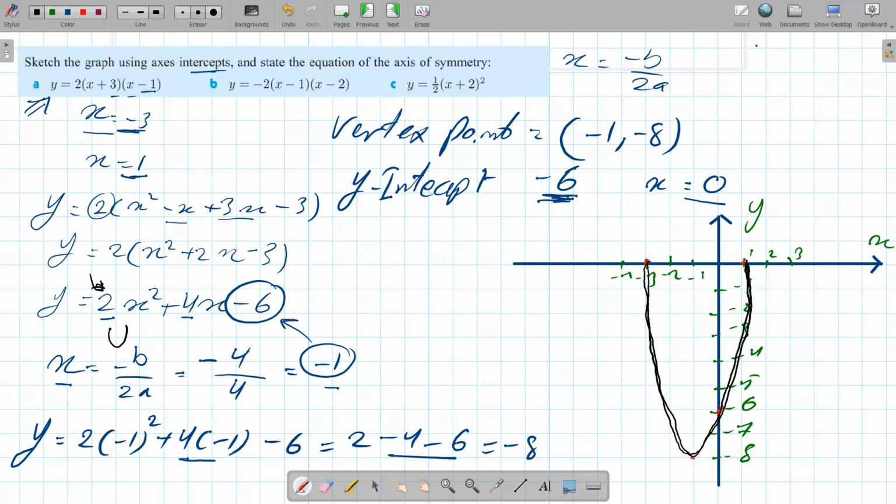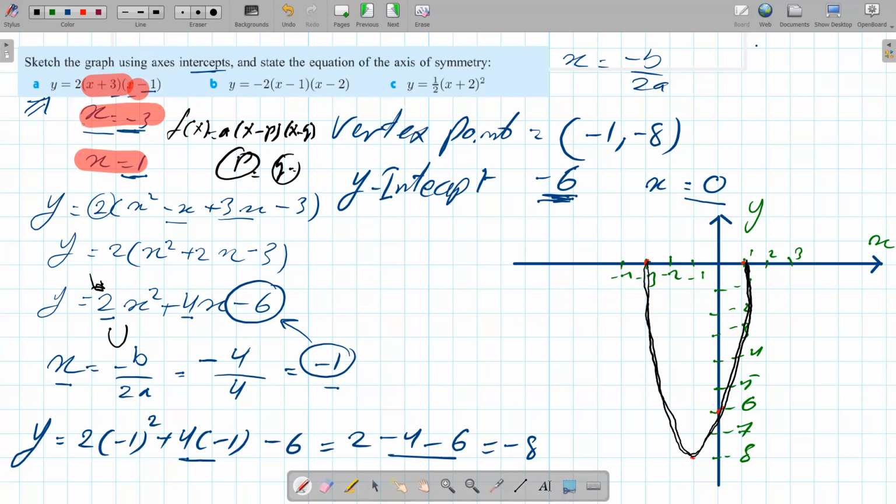Okay, let's revise the main points here. First of all, we found the x-intercepts from your quadratic equation here: x plus 3 and x minus 1 represent two x-intercepts, x equals -3 and x equals 1. Because the main equation is represented by f of x equals a times x minus p times x minus q, where p and q are the x-intercepts. Got the idea? Yeah.